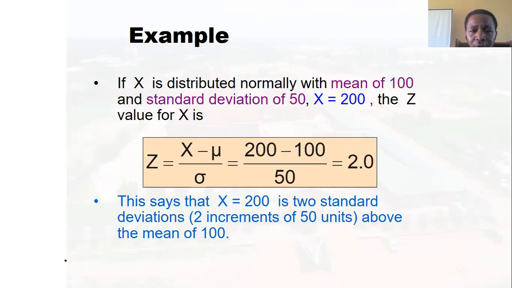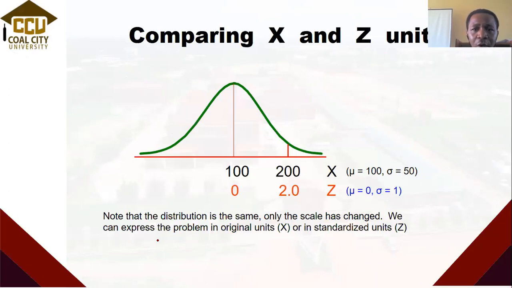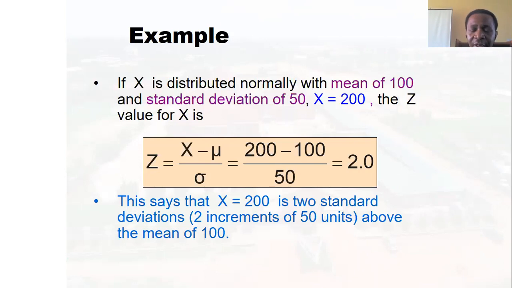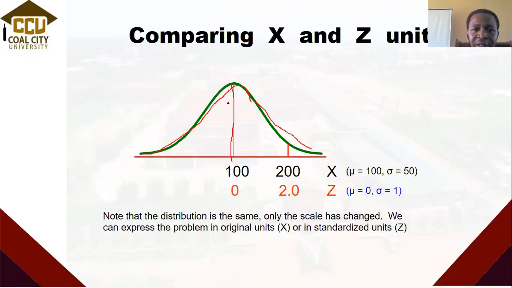Now, the next thing we have to do is draw our normal distribution curve, as usual the bell-shaped curve. Remember our mean is 100, and I made mention at the beginning of this tutorial that the mean always falls at the highest point on a normal distribution curve.